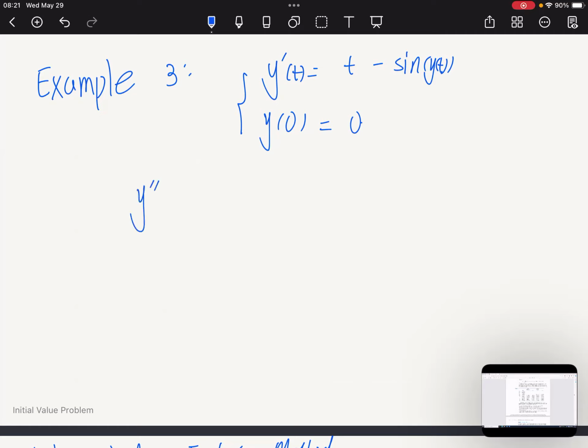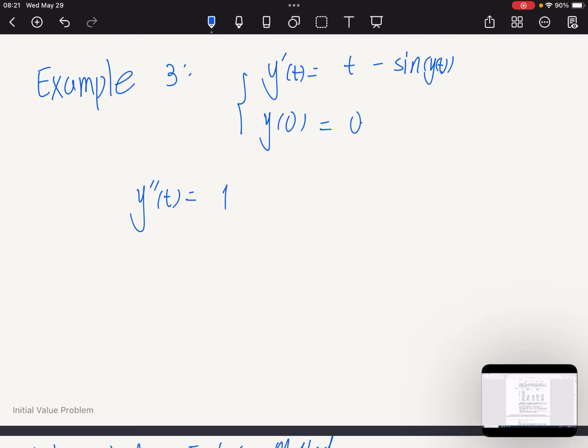We should keep in mind that y is a function of t, so let's take the derivative regarding the y(t) variable.